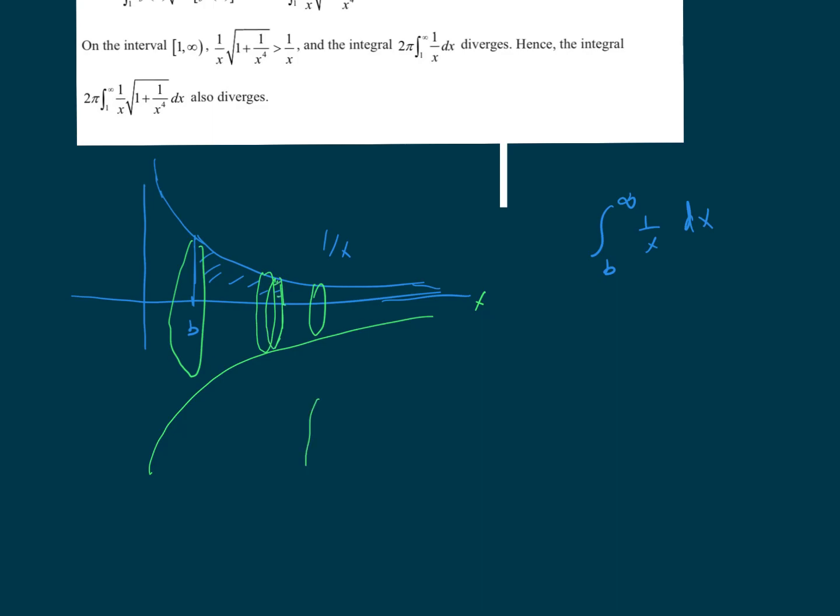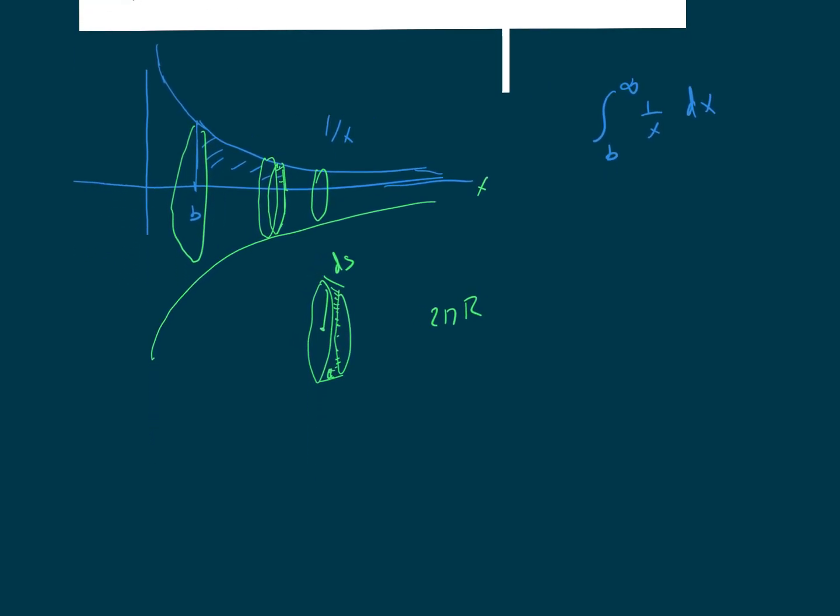So the surface area is the surface that is like a ring, like a wedding ring, and you have to find the surface of the wedding ring. And the area of the surface of the wedding ring is 2 pi r by ds, by this length. If you cut it, you will find this surface.